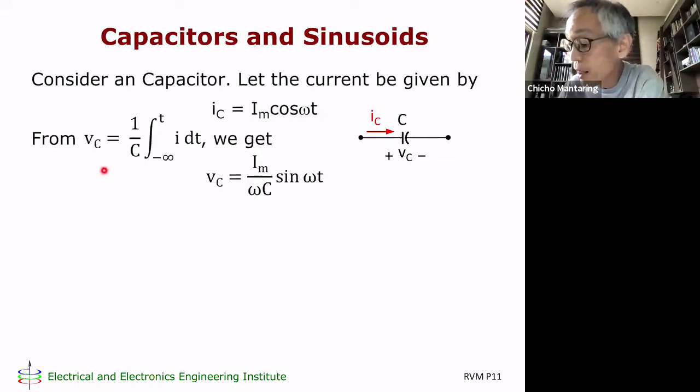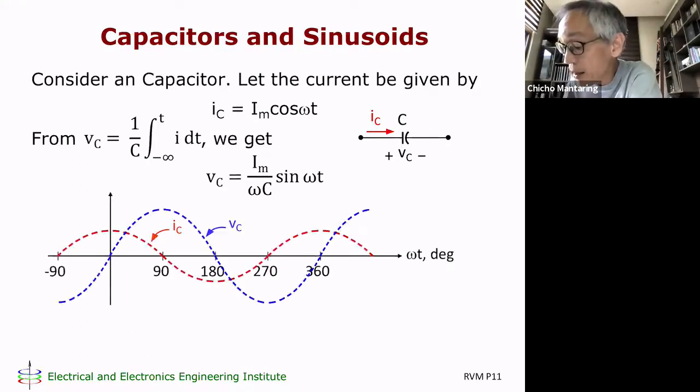The voltage across your capacitor is 1 over C, the integral of I dt. Let's just assume that this is an indefinite integral. So just integrating this, I'm going to get this expression for V's of C. The integral of cosine is sine, and since there's an omega, we have 1 over omega.